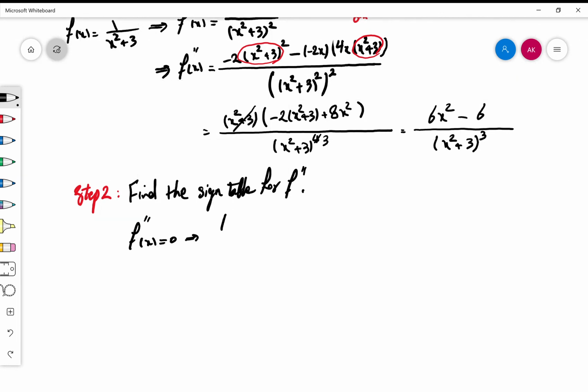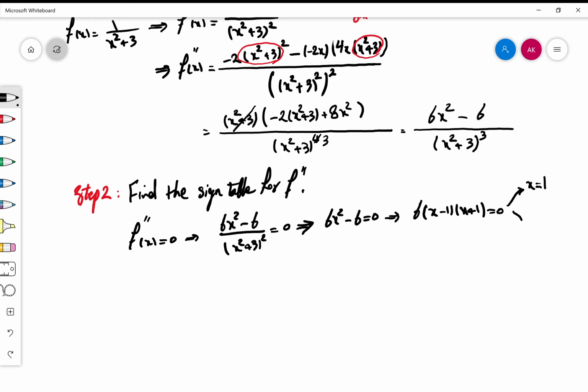It means that I have 6x squared minus 6 over x squared plus 3 cubed equals 0. A fraction is equal to 0 if and only if the numerator is equal to 0. And from there we have 6 times x minus 1 times x plus 1 equals 0, and that gives me two roots: x is equal to 1 or x is equal to negative 1.